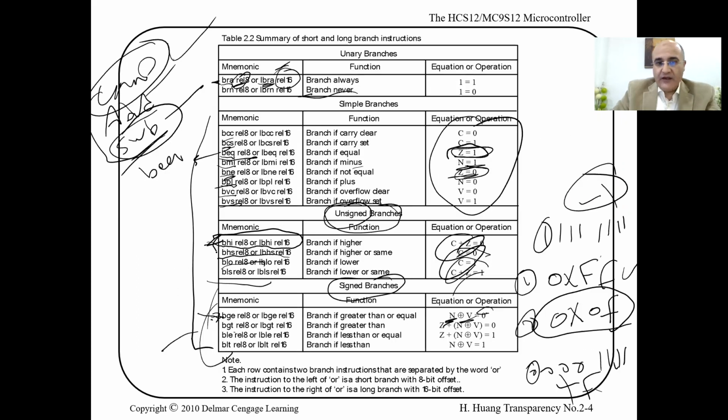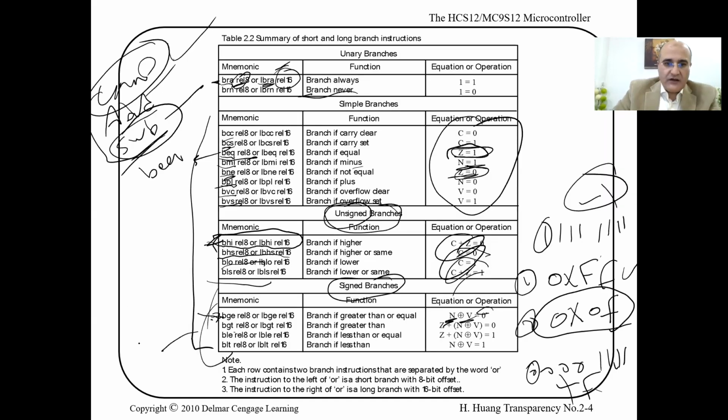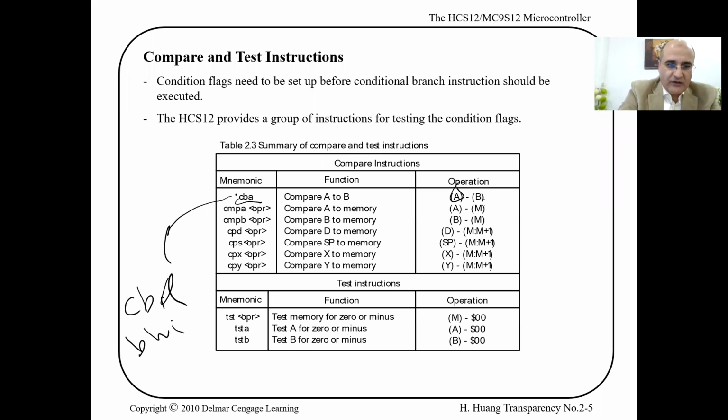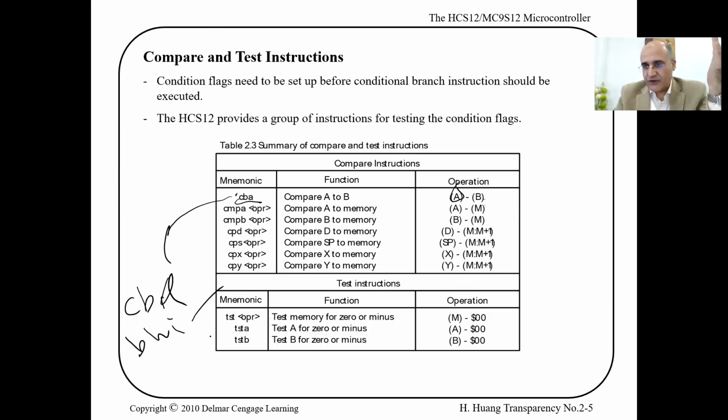B will be subtracted from A. If A was higher than B, the condition will be true. Else, it will not be true. So you compare, then you say BHI, branch if higher, to somewhere. Every branch shall be used after a comparison instruction that compares the two operands you want to make the decision based on.